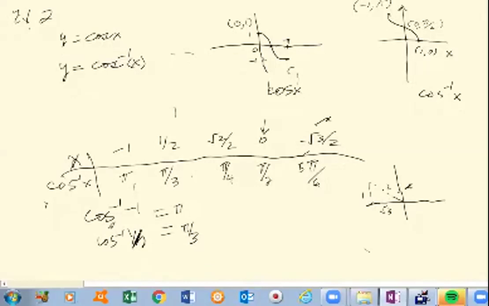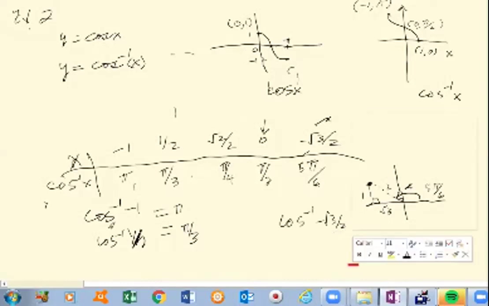So you can see that our angle would have to be 5 pi over 6. The reference angle down in here is pi over 6. If you had the unit circle in here, you could do that quickly. So that's your answer for that one. The inverse cosine of -√3 over 2 is 5 pi over 6.